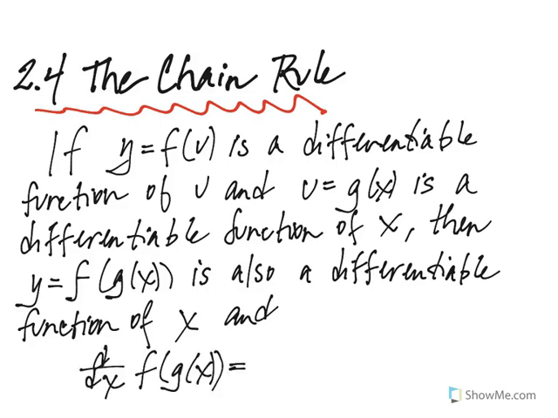When you derive the composition f of g of x, and that's again what this is saying right here, this is a command that says derive what follows, what you get then is the derivative of f of g of x multiplied by the derivative of g of x.